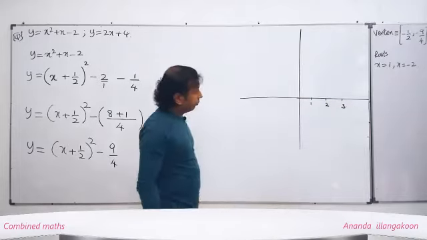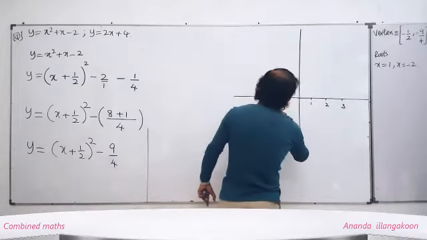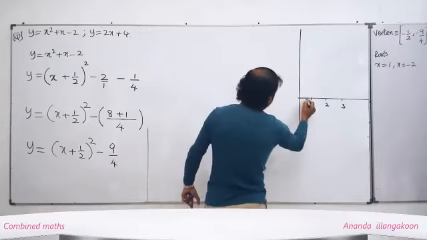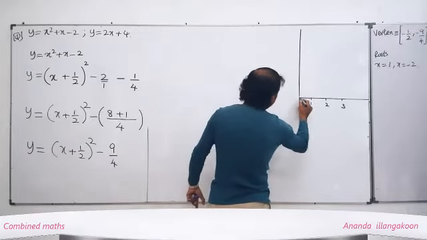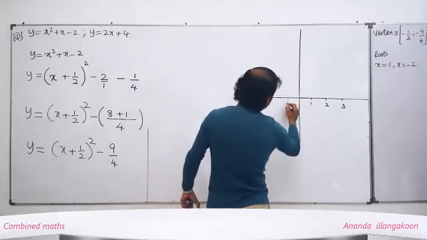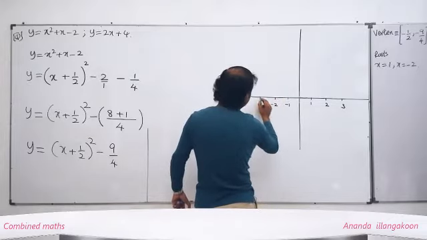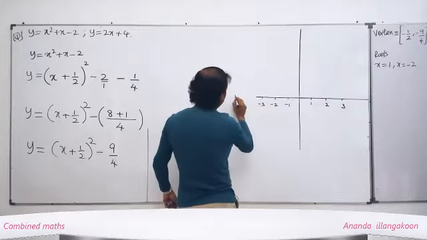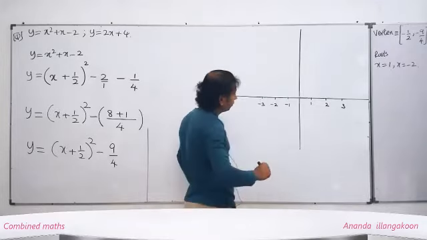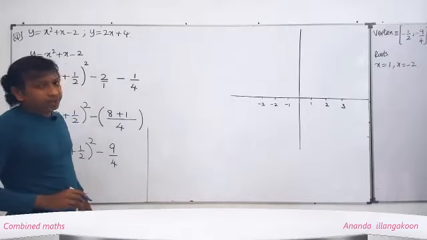We'll draw the OXY plane. Right. People, vertex is minus half, minus 9 by 4.